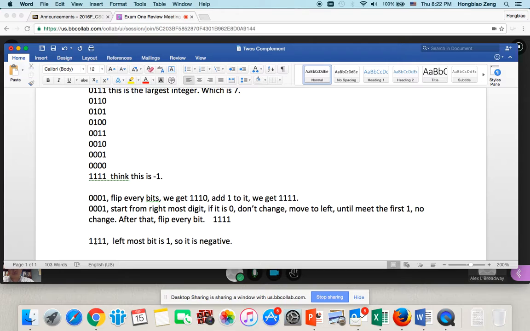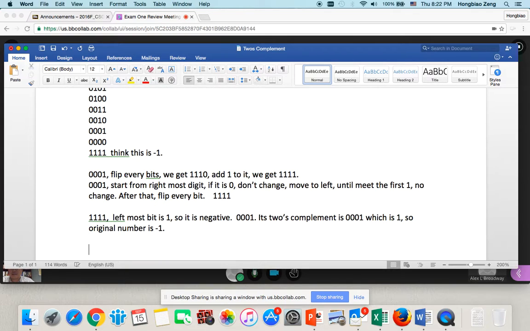I start from the rightmost bit. Since it's 1, no change. I move to the left, and everything else I flip over. So its two's complement is 0001, which is 1, so the original number is negative 1.